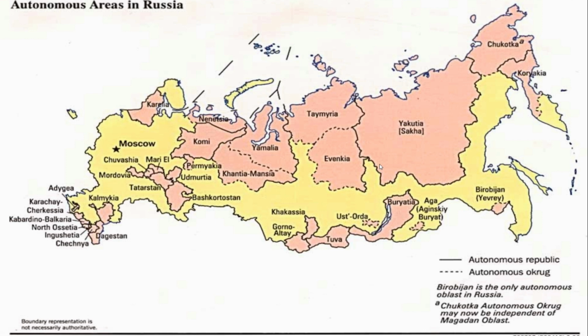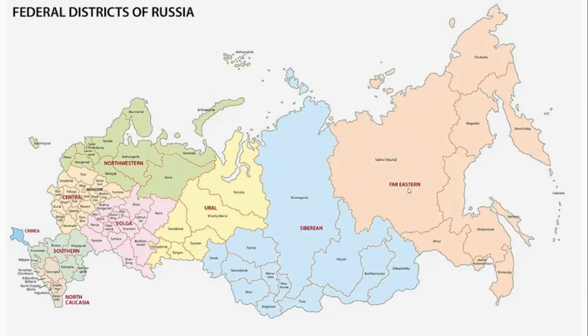Russia controls these territories. Usually ethnic populations are the majority of the population in these regions, but unfortunately Russia has controlled all these territories since the early 1800s.